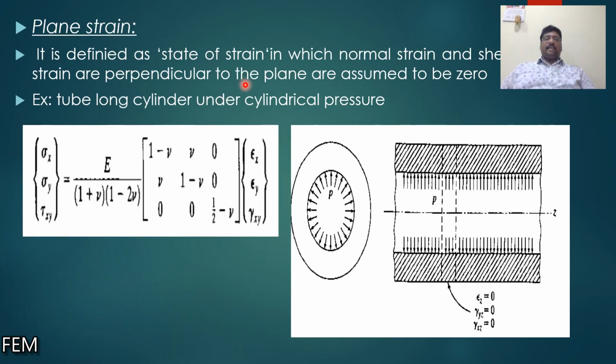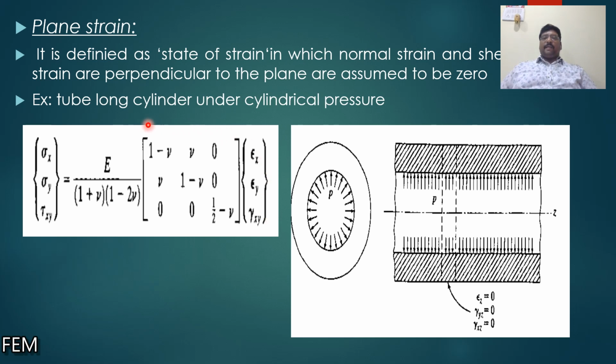Similarly, the plane strain condition. The plane strain condition is said to be a state of strain where the normal strain and shear strain in the z direction are assumed to be 0. This is the equation that relates the stress and strain for the plane strain condition for a two-dimensional body. That is sigma x, sigma y and tau xy is equal to E by 1 plus mu into 1 minus 2 mu, 1 minus mu, mu 0, mu 1 minus mu 0, 0 0 1 by 2 minus mu, into epsilon x, epsilon y and gamma xy.